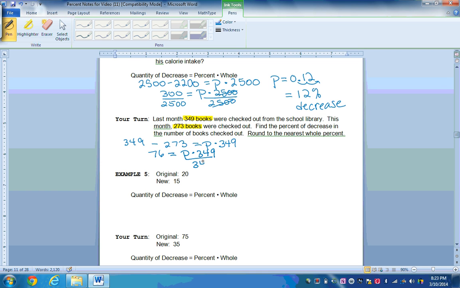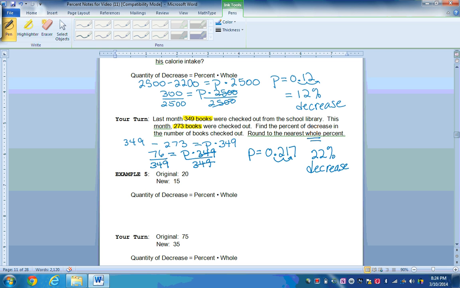Divide both sides by 349, and those cancel, and we get P is equal to, when you do that division there, about 0.217, and we want to round to the nearest whole percent. So if I move that decimal over twice, multiplying by 100, we get 21.7, but the nearest whole percent, would that be 21 or 22? It would be 22% decrease. Hopefully we check out more books next month.